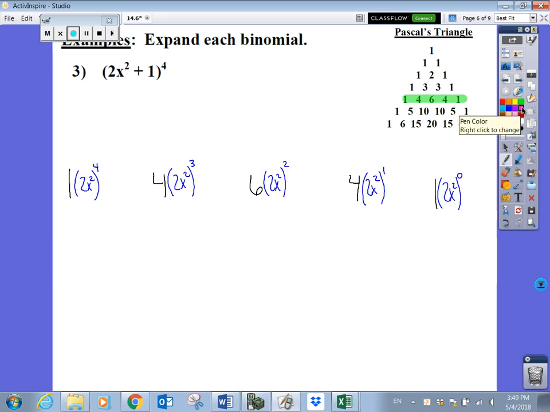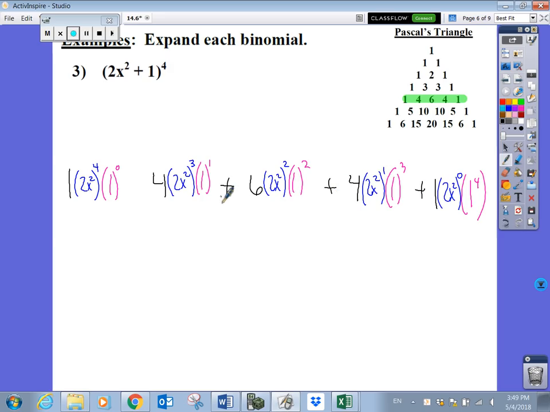Then we do the 1. Well, 1 should be pretty easy on this one: 1 to the 0, 1 to the 1, 1 squared, 1 to the 3rd, 1 to the 4th.